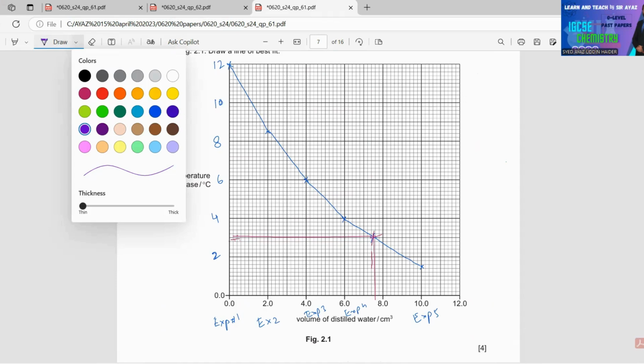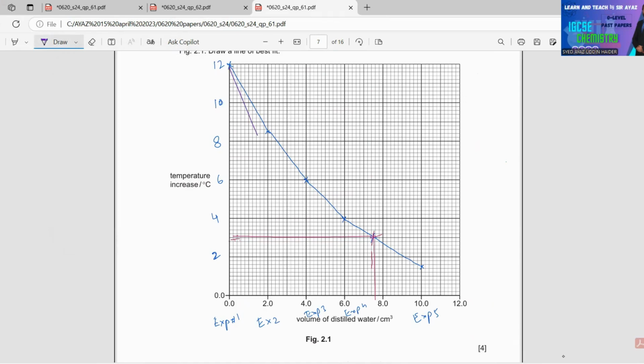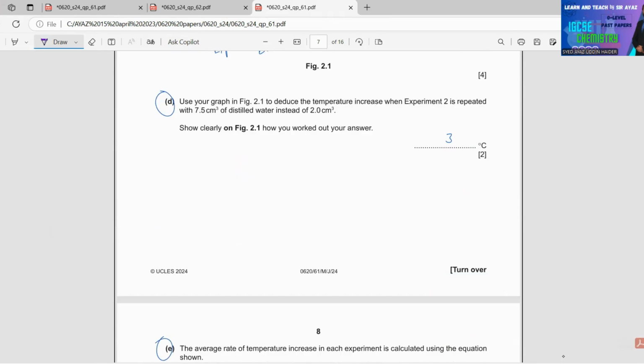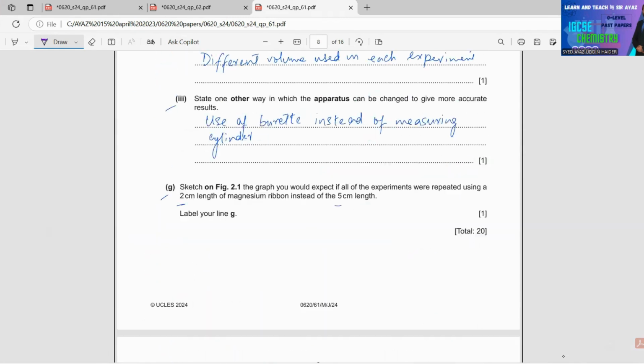So you will be having this kind of graph here for 2 centimeter of magnesium.